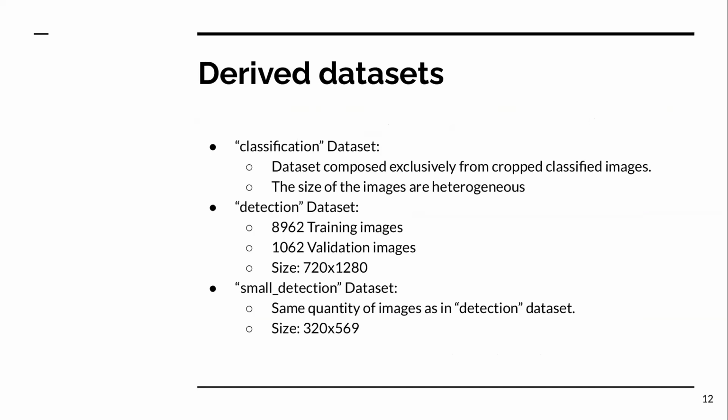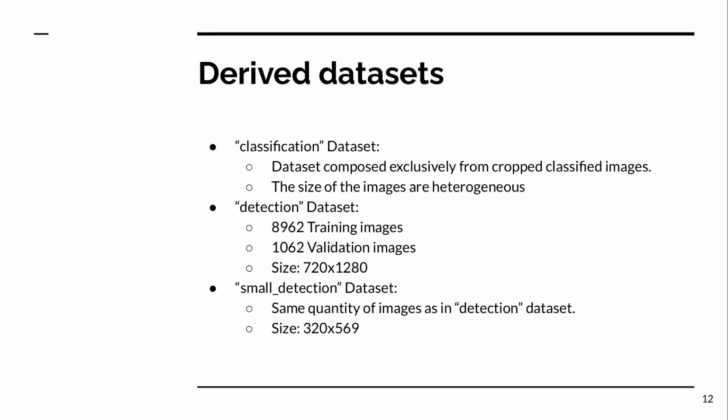One, a classification dataset. This is already cropped, and the sizes of the different images are heterogeneous. Some are very big, some are very large and thin. So that adds some complexity. And we have a second derived dataset, which is the detection dataset, with the pictures at the original size.